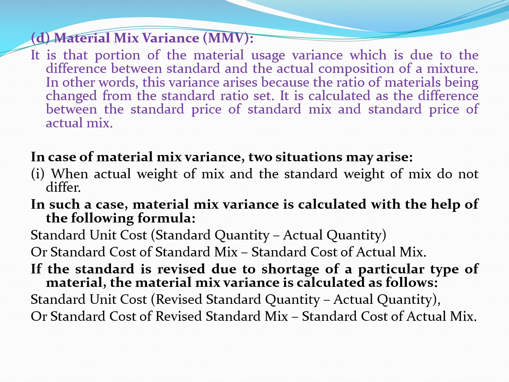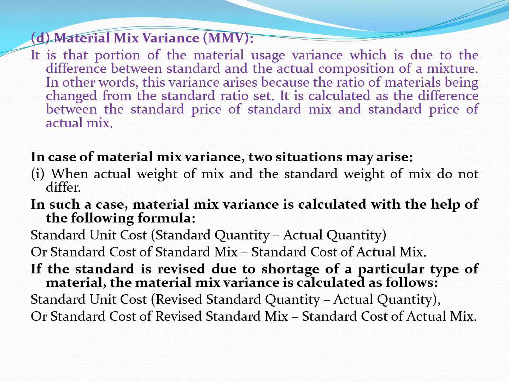In other words, this variance arises because the ratio of materials is changed from the standard ratio set. It is calculated as the difference between the standard price of standard mix and the standard price of actual mix.